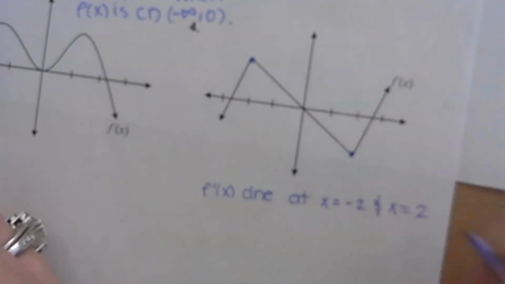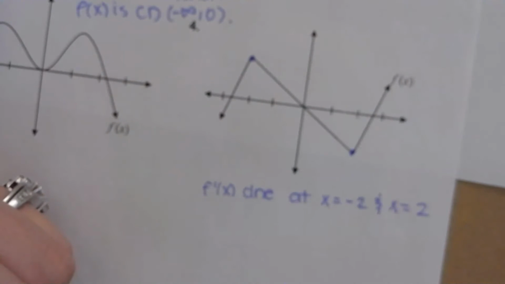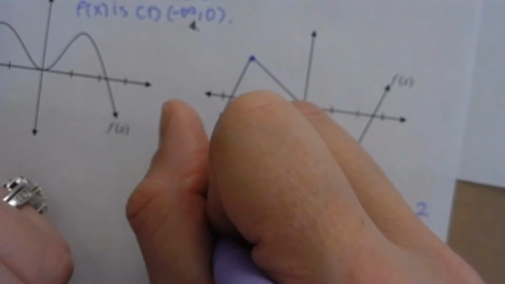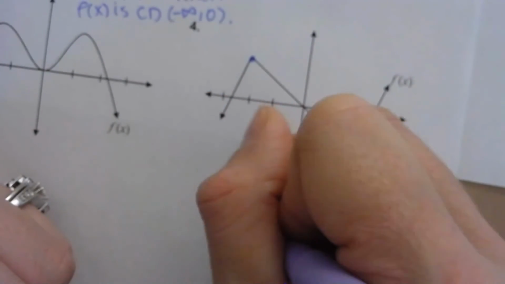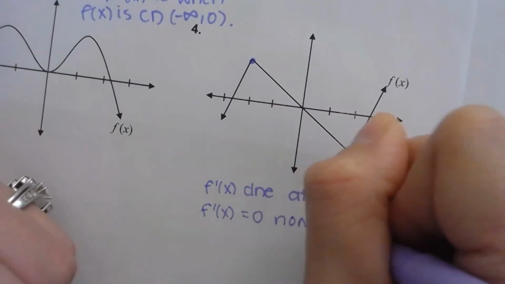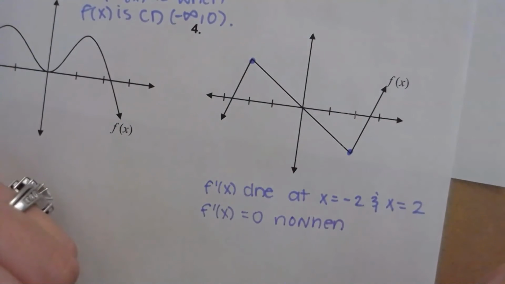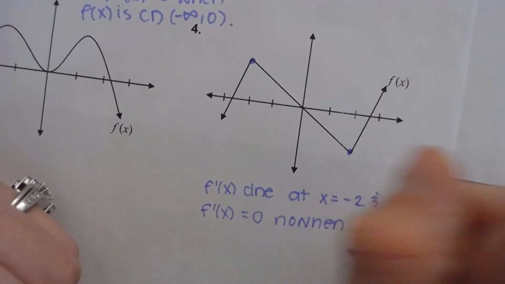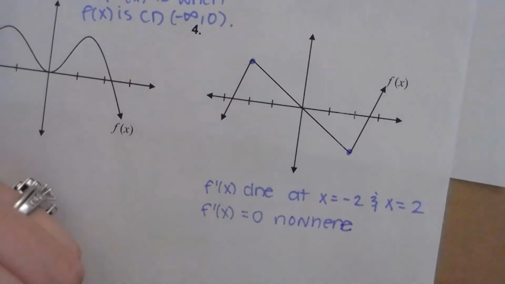Plus minus 2. Yes. f prime of x equals 0 where? Correct. Yes, because it says describe where f prime of x and f double prime of x equals 0. So you would have to tell me nowhere.